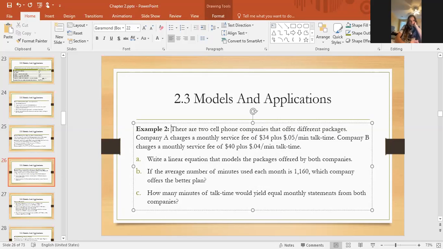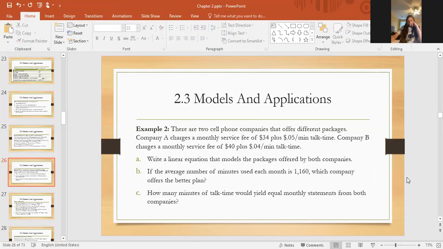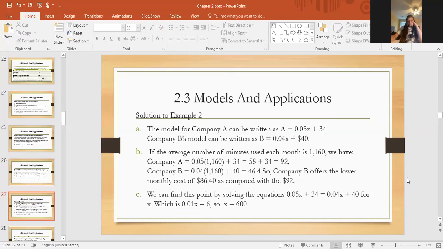Now we are going to find out if the average number of minutes used each month is 1,160, which company offers the better plan? And how many minutes of talk time would yield equal monthly statements from both companies? So the first thing we will do is to state the relation between the bill.